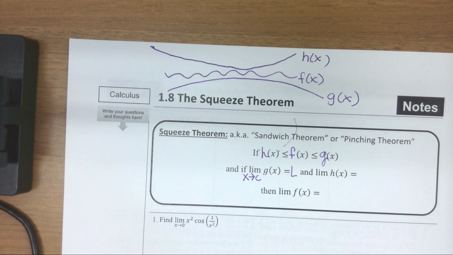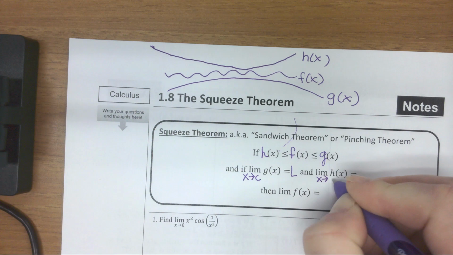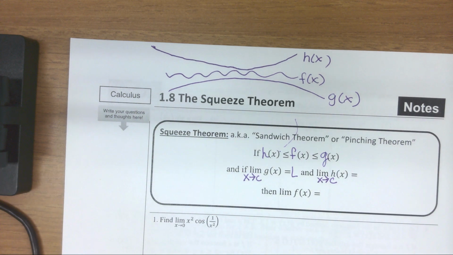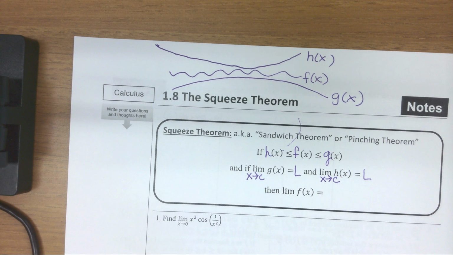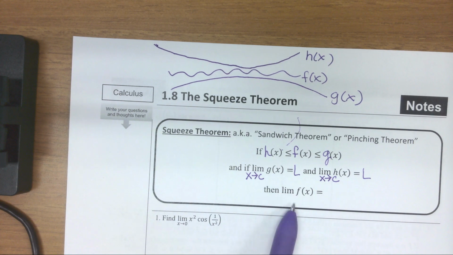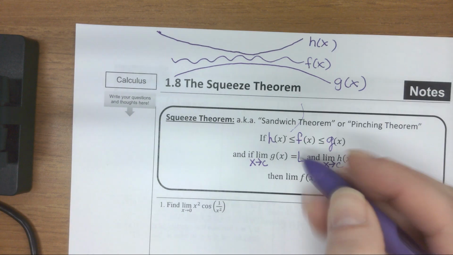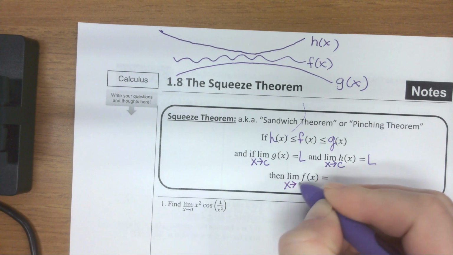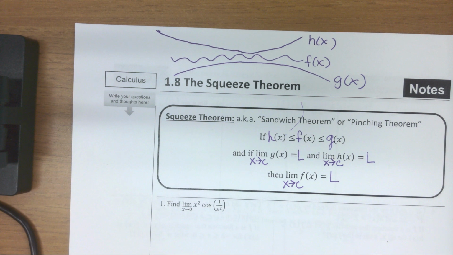And then I also tell you that the limit of h of x as x goes to that same x value, c, is also L. What that tells us is since f of x is squeezed or sandwiched between g of x and h of x, even if I don't know what the limit of it is, I really do. Because at that point, the limit of f of x as x goes to c is also going to be L. Okay.